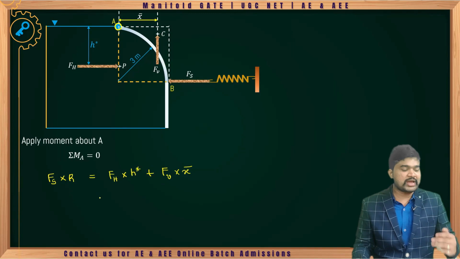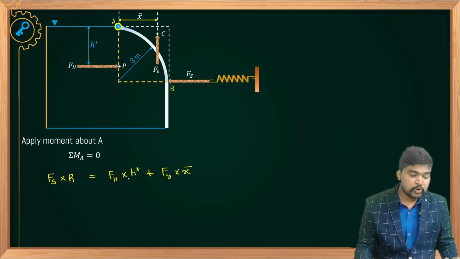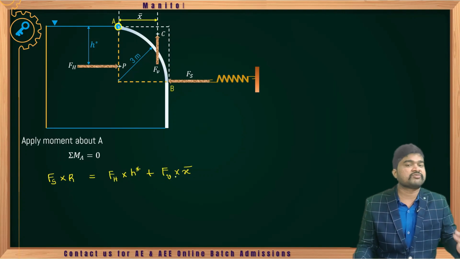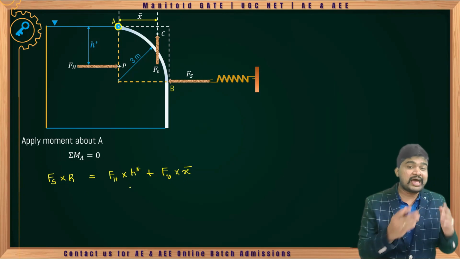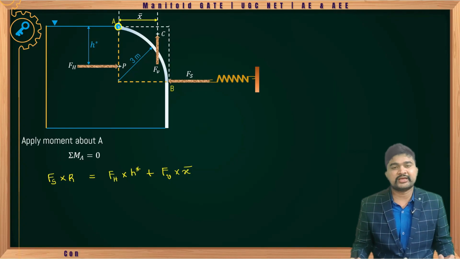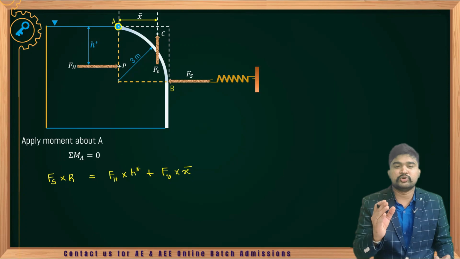You calculated the magnitude of horizontal force and its location, and the magnitude of FV and its location. Substitute all the values in this expression, and finally you will get the magnitude of spring force in kilonewton.